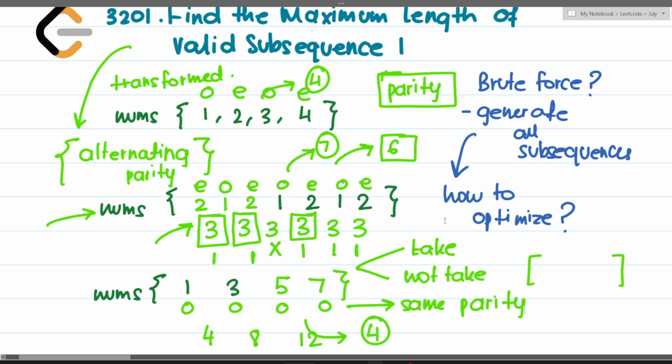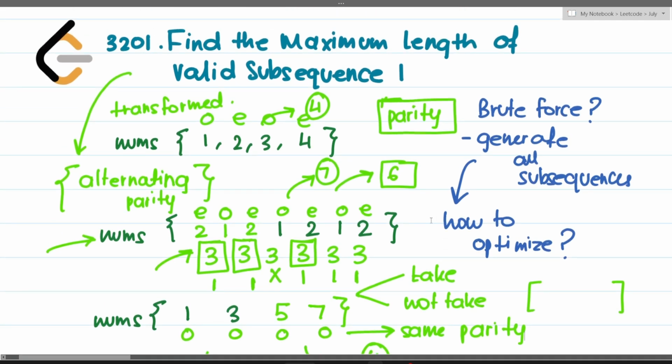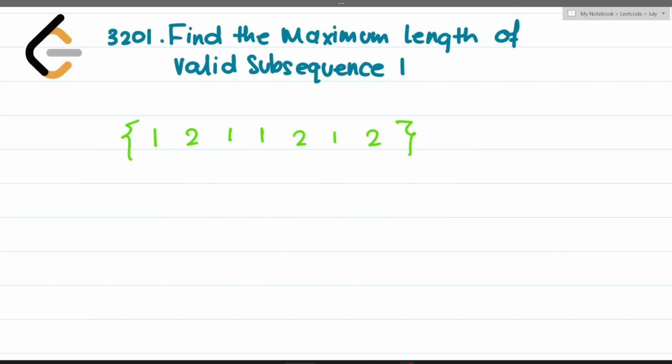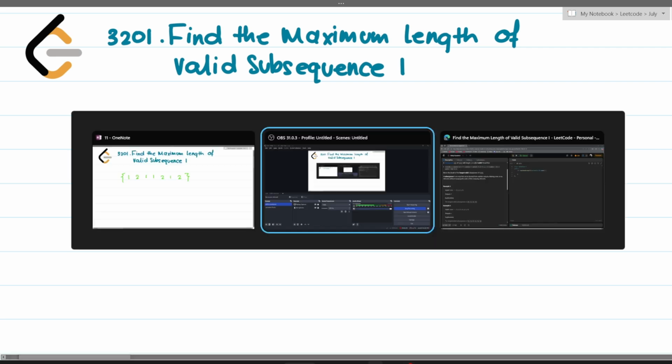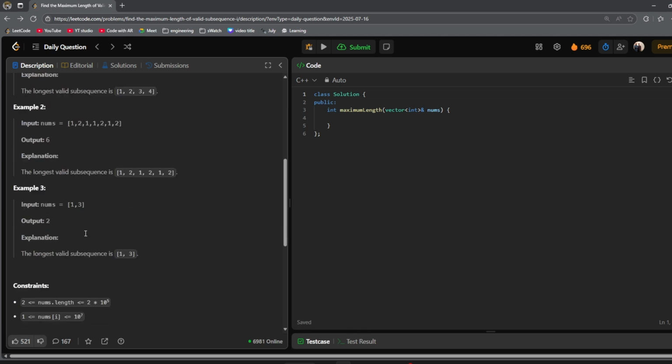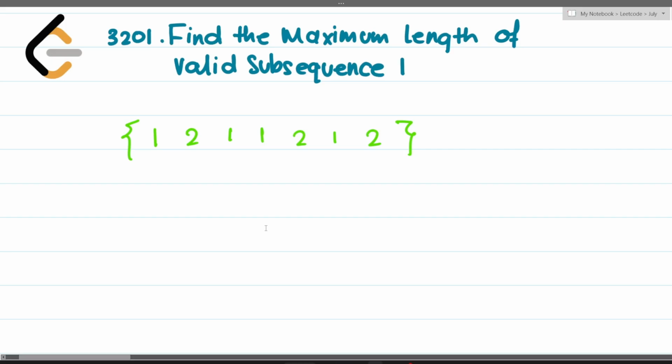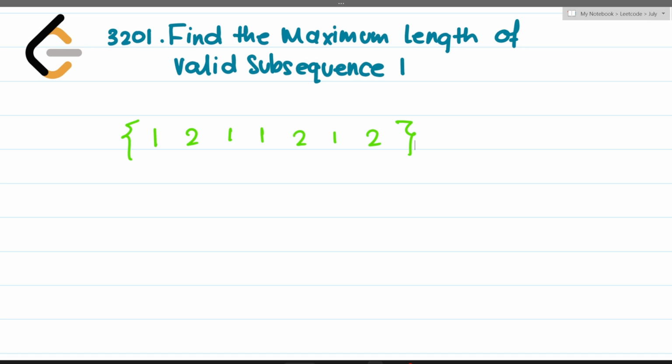Pause the video for a moment and think about it a little. Let's say this is the test case that has been given to me. I'm obviously not thinking in terms of the brute force approach, because given that the constraints of the problem are 2 into 10 to the power 5, it's obviously not going to pass. So let's see what I can do differently.